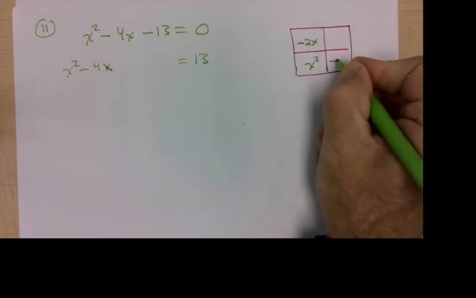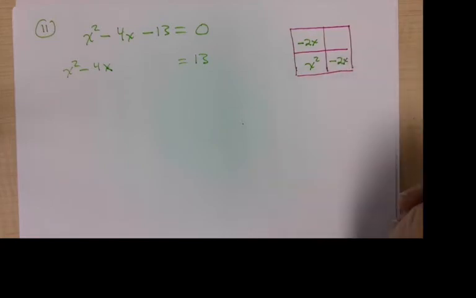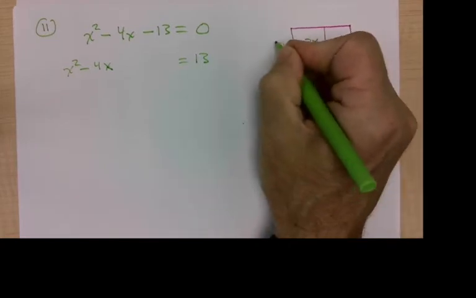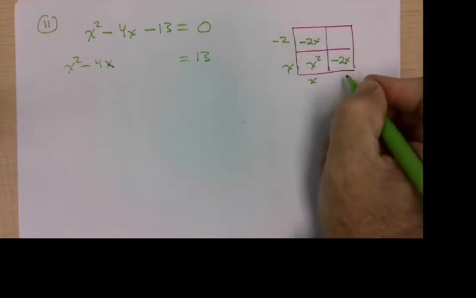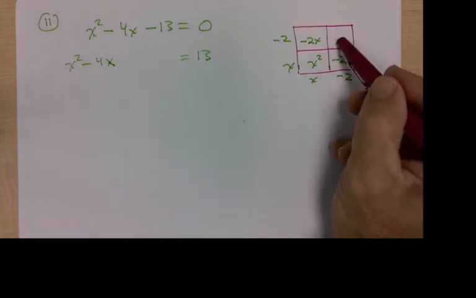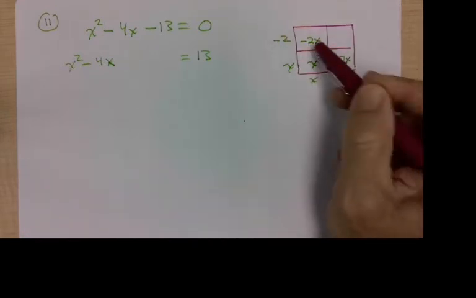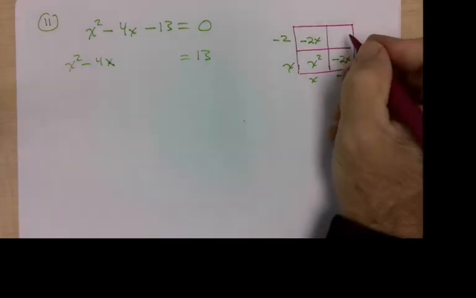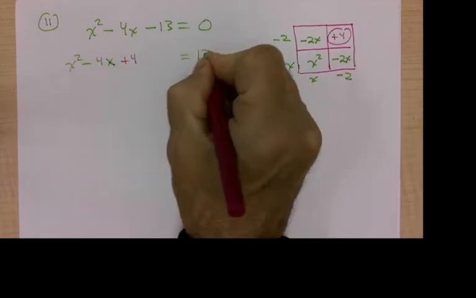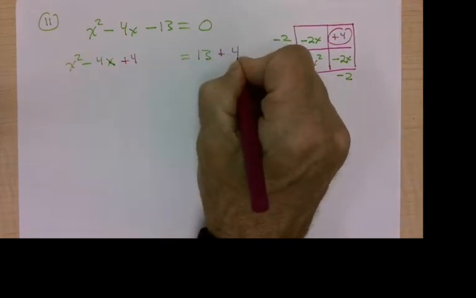So negative 2x here, and negative 2x here, which will give me x times x to give me x squared. X times negative 2 gives me negative 2x. X times negative 2 gives me negative 2x. But how do I complete the square? What's this last cell? Negative 2 times negative 2 is positive 4. So I'll add 4 to both sides to complete the square.